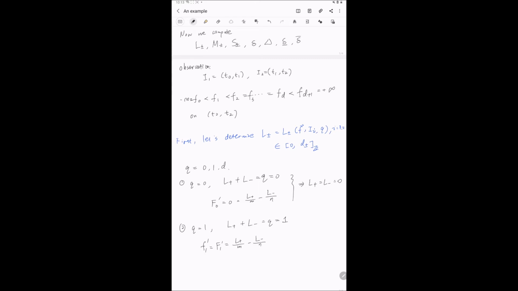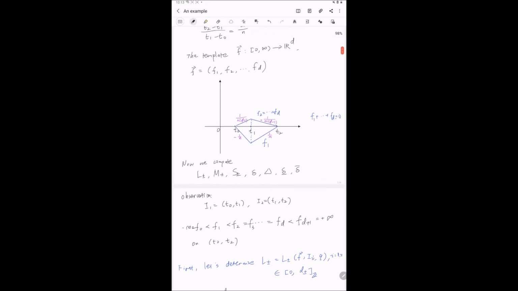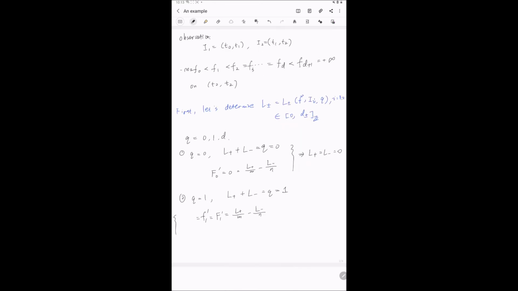And f1 prime has two possibilities. Remember, in our construction here, it can either be negative 1 over n on I1 or positive 1 over m on I2.